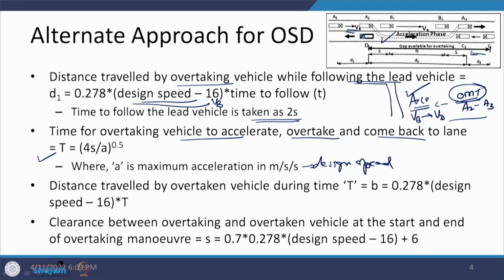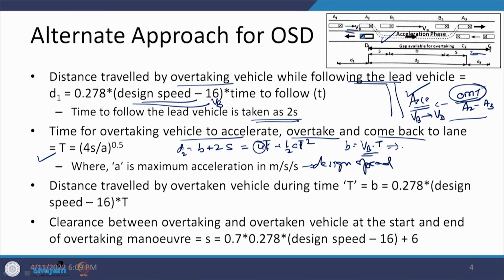The distance, which is d2, is b plus 2s, and if we use the equations of motion, then it is ut plus half a t square. Here I consider t as capital T, because we are talking about the time in which this movement happens. So the distance traveled is ut plus half a t square, and correlating this, the b distance is basically Vb into T, where u is Vb.